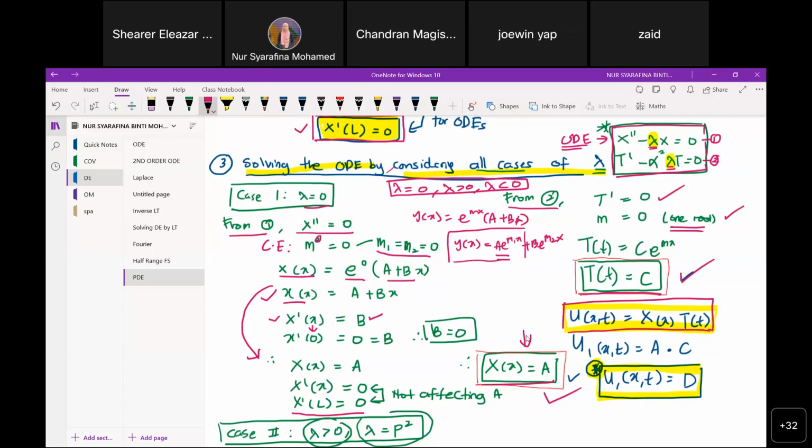So u equals x times T. Now x is A, T is C, where both are constant, then we just have a solution for case 1, u(x,t) equals D. Just another constant. Is that clear for the first case?